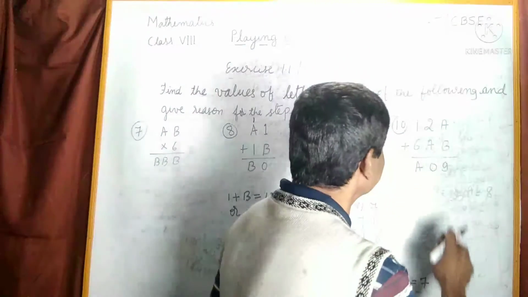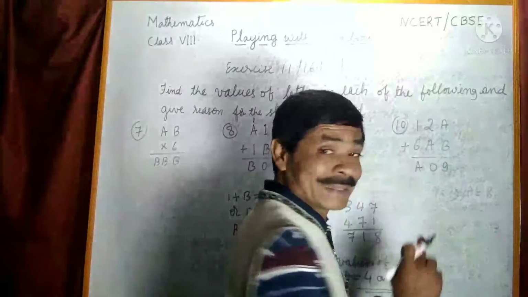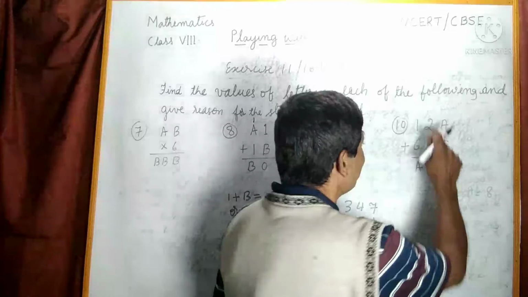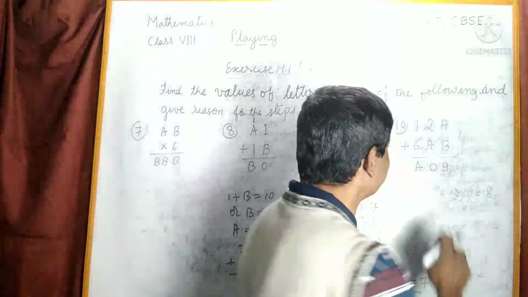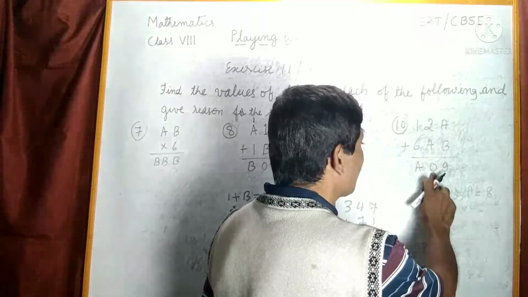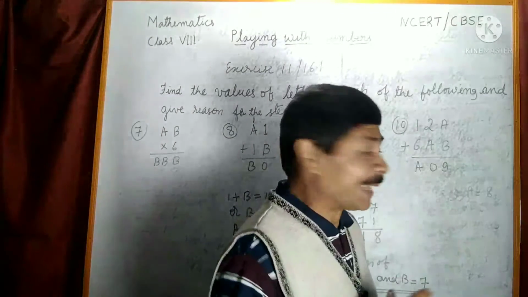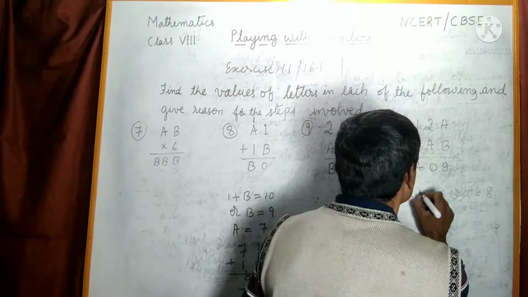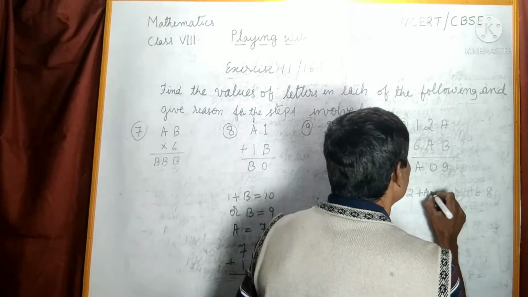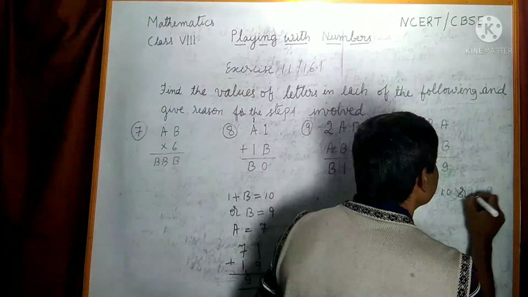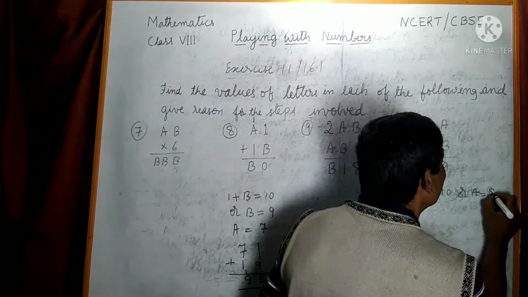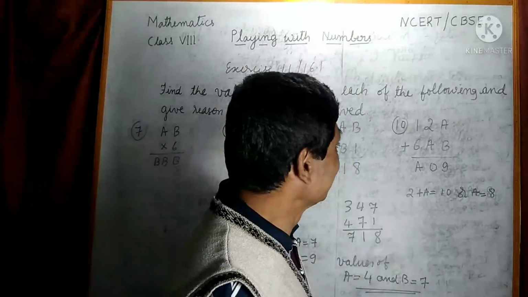Next puzzle. Here when we look at the second column, 2 plus A is equal to 0. That means it should not be 0, and it will be 10. That means 2 plus A is equal to 10, or A is equal to 8.